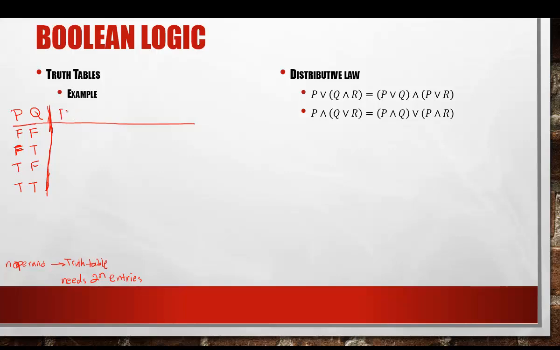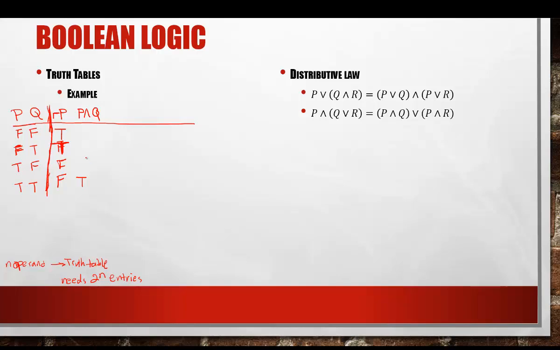So for not P, remember, it negates the value of P, so it will be true, true, and then false, false. When P is false, not P is true. When P is true, not P is false. P and Q is going to be true when both are true, so only for the last entry it's going to be true.